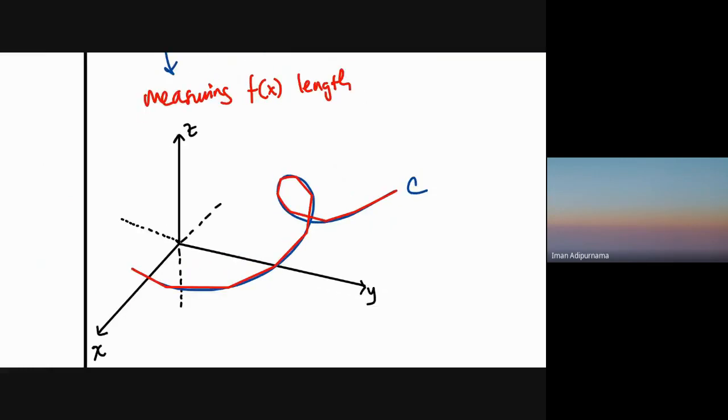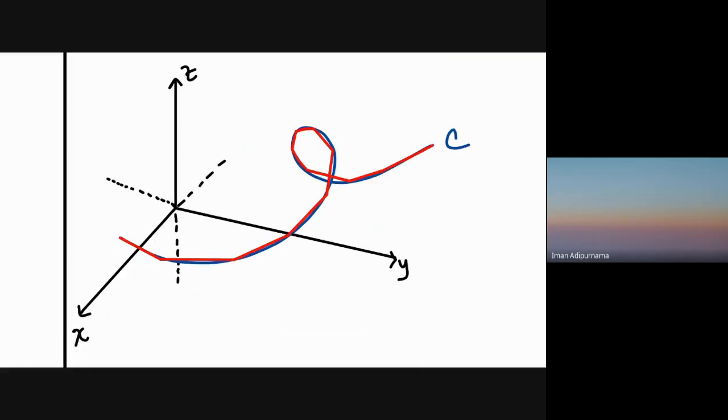Okay. So you see that if I'm drawing like this, this whole length, the length of the curve, we can approach by adding this line, right? And this line, we can approximate through our tangent, right?